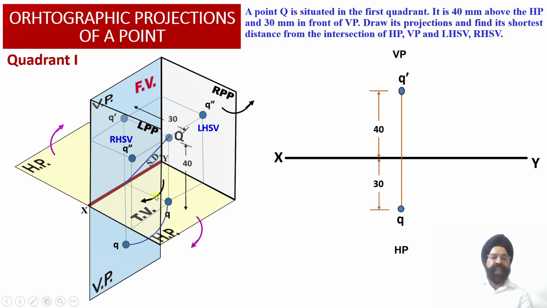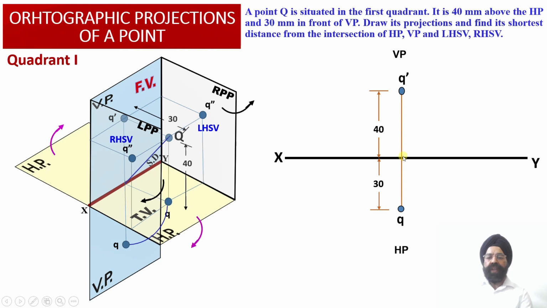Similarly, we have been able to obtain the top view orthographic projection of this point 30 millimeter in front of the vertical plane, and once we rotate this in the clockwise direction, the location of the top view projection will be 30 millimeter below the XY reference line.